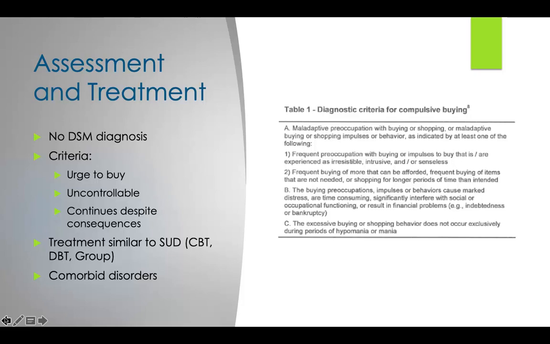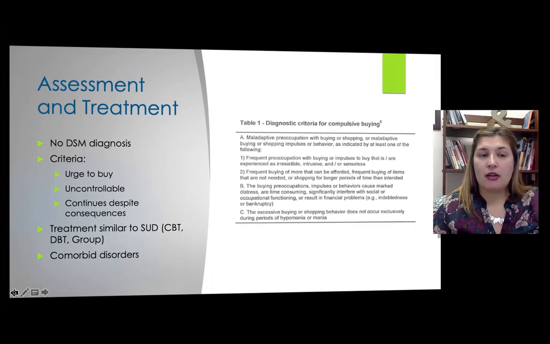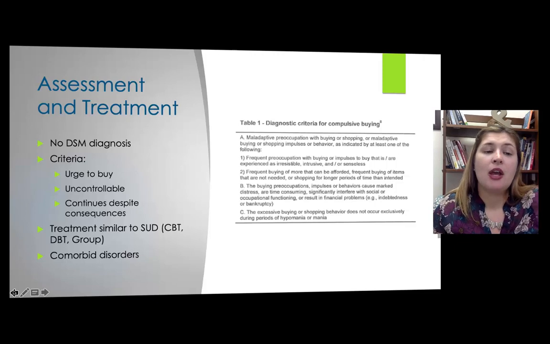For the assessment and treatment of compulsive buying and hoarding, there are diagnosable criteria for hoarding, and that falls into a compulsive impulse disorder, but there's not one for compulsive buying as an addictive disorder. Criteria, though, that we found is that there's an urge to buy, it feels uncontrollable, and this behavior continues despite all the negative consequences.